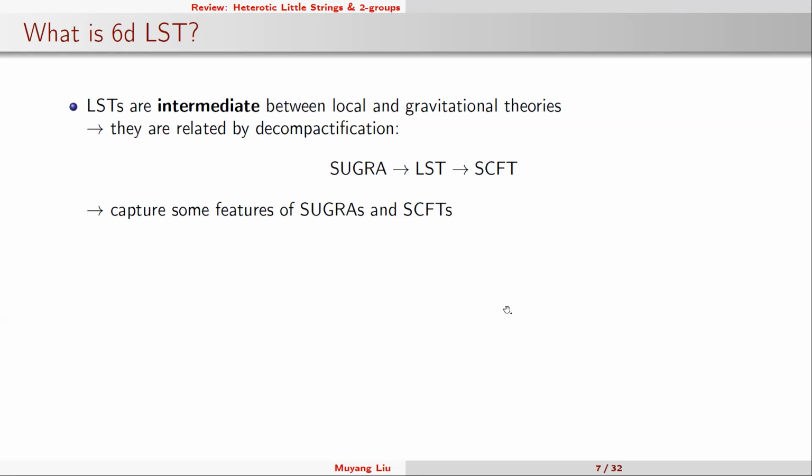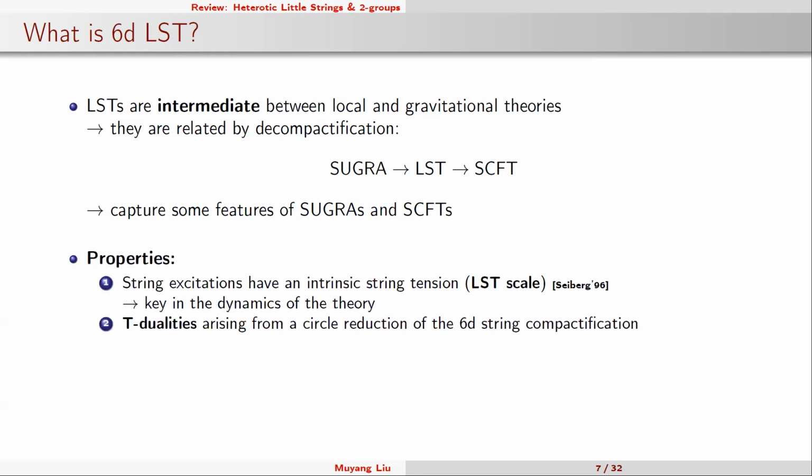That allows little string theory to capture some features of supergravity and SCFTs. Namely, compared to supergravity, the little string theory also has a scale, called the little string scale, that is key in the dynamics of the theories. We can also talk about T-dualities arising from circle reductions of the 6D compactifications. Similar to SCFTs, this string theory is decoupled from gravity, and we can talk about many interesting global symmetries, which will enter the 2-group structures in the talk.